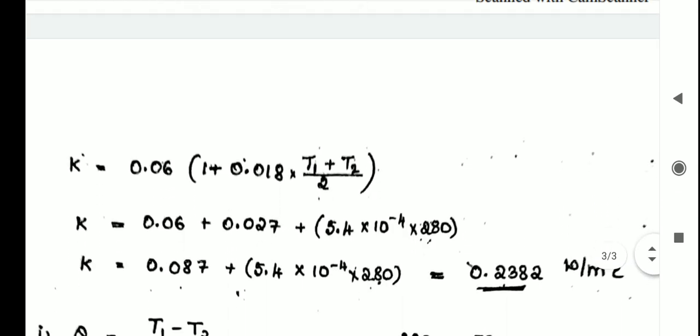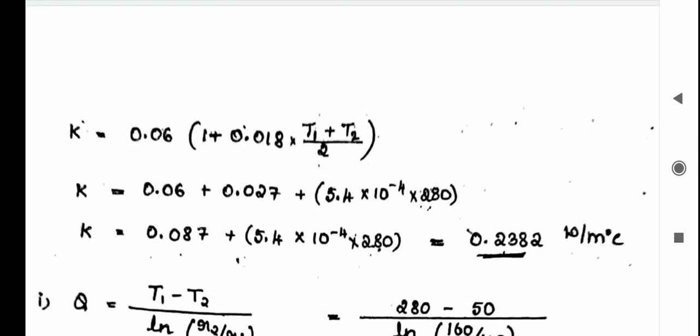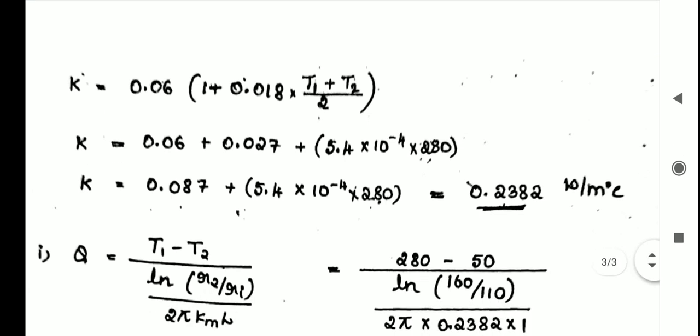So K is equal to 0.06 in the bracket 1 plus 0.018 into, here we have to take the average, right? So T1 plus T2 divided by 2. So K is equal to 0.06 plus 0.027 plus 5.4 into 10 raised to minus 4 into 280, which is 0.087 plus 5.4 into 10 raised to minus 4 into 280. So you will get 0.2382 watt per meter degree Celsius.